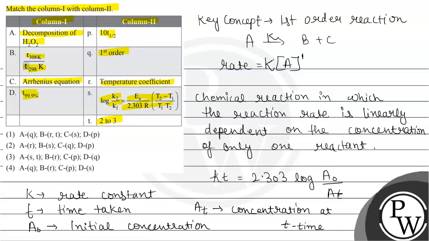According to the A part of the column first, decomposition of H2O2, जो reaction आता है H2O2 leads to the formation of H2O plus half O2, and here we can see जो reaction है that is dependent only on one reactant H2O2.